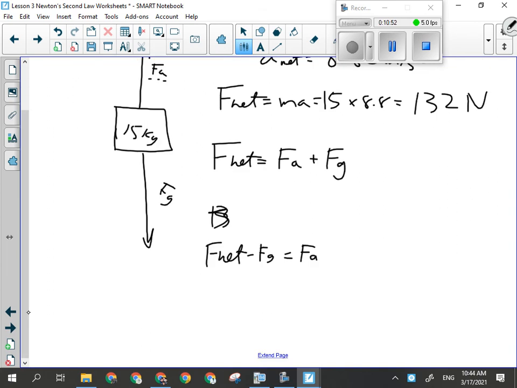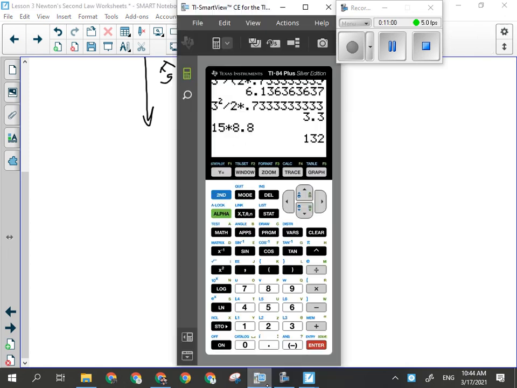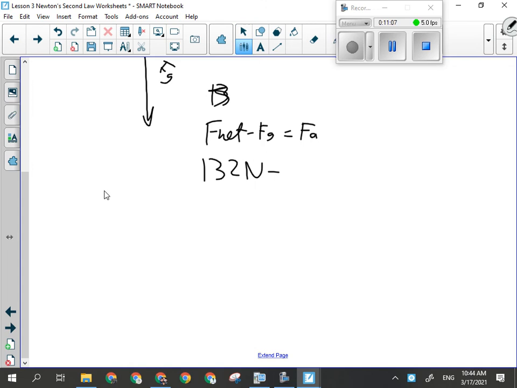When we plug in our numbers, we have 132 newtons up, so that's positive, minus our force of gravity, which is 147.15, but that's negative because it's down. So my applied force is going to be the sum of these two numbers.